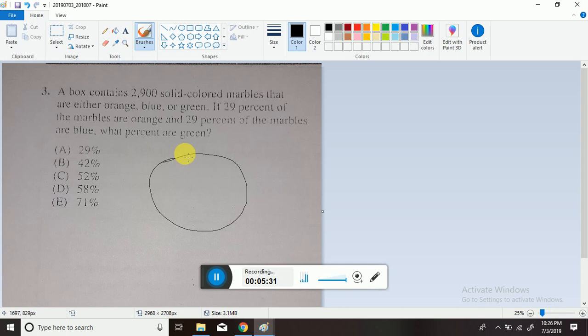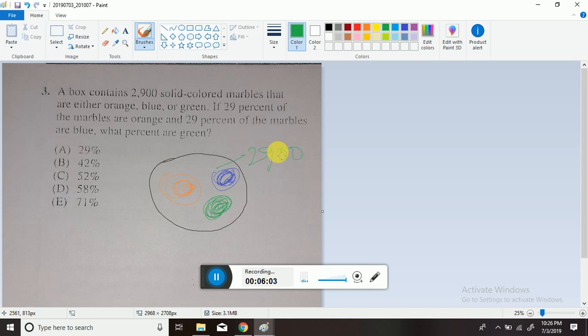Some are orange, some are blue, and some are green in color. Here we don't know how many are blue, how many are orange, and how many are green. There are a total of 3 different varieties. In total we have 2900.